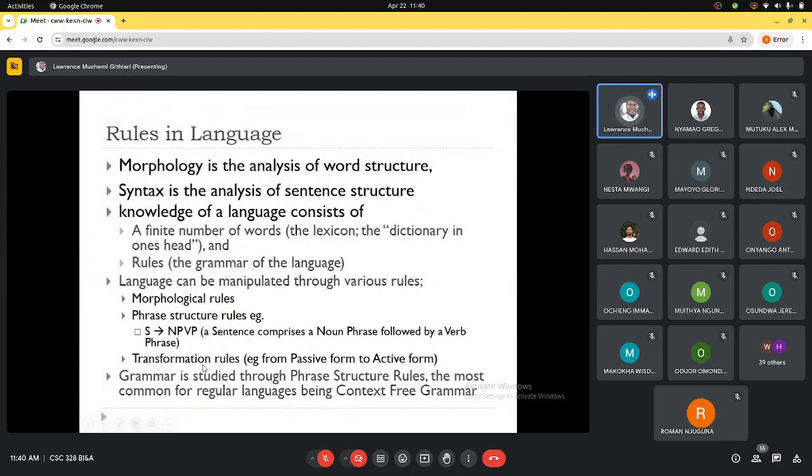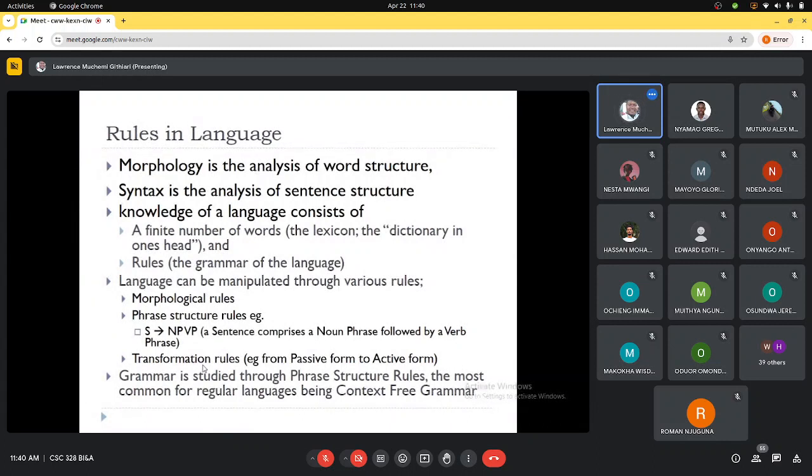Of course, grammar is studied through what you call phrase structure rules, because you are trying to look at the structures. And the most common of these structure rules is called the context-free grammar. Now, context-free means it doesn't matter what you're talking about, but the rules of the grammar will always hold. Like if I now say, John kicked the ball. Now, the grammar there I'm using is, John, of course, is a noun.